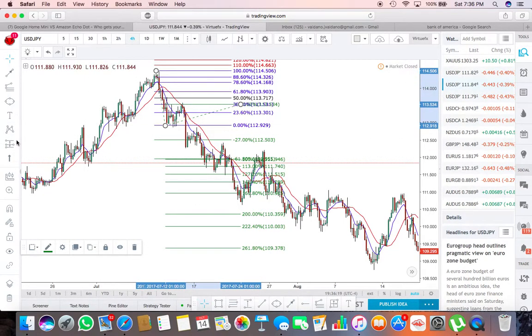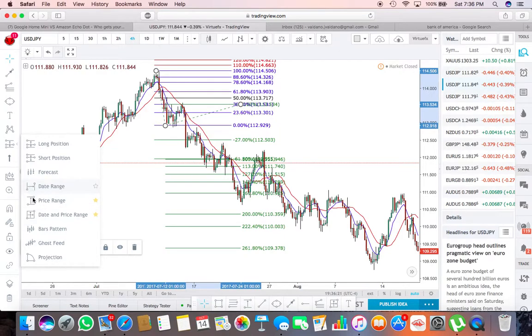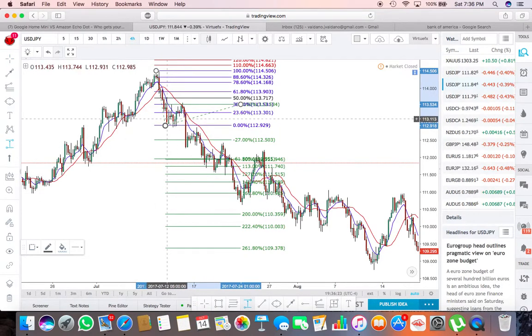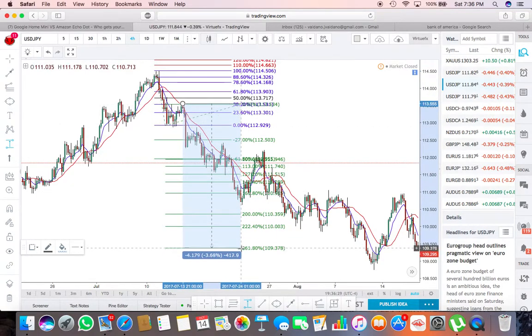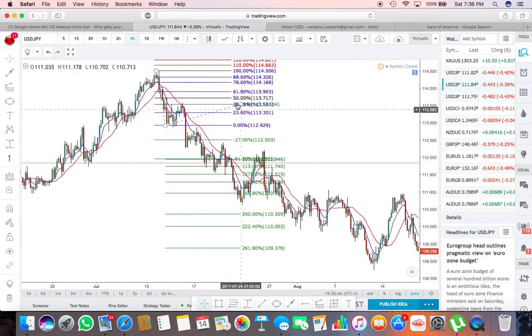If I count the pip range of this whole move, from 38.2 to 261.8, it's a 419 pip move. If you want to swing trade it and have the patience to wait, 400 pips with one lot is a $4,000 trade, just by knowing your Fib extension tool.